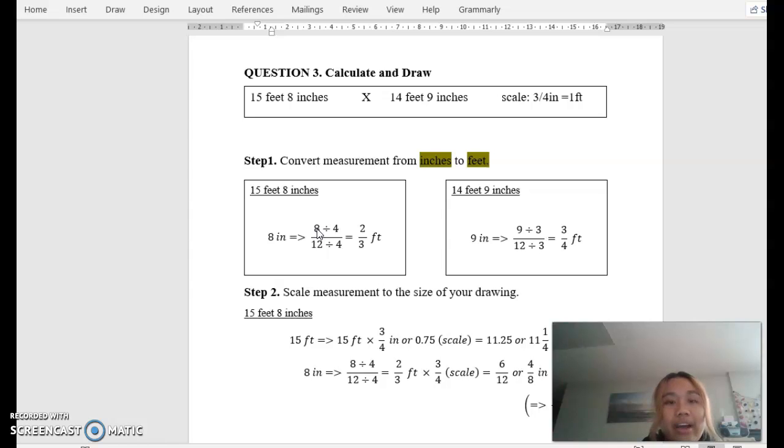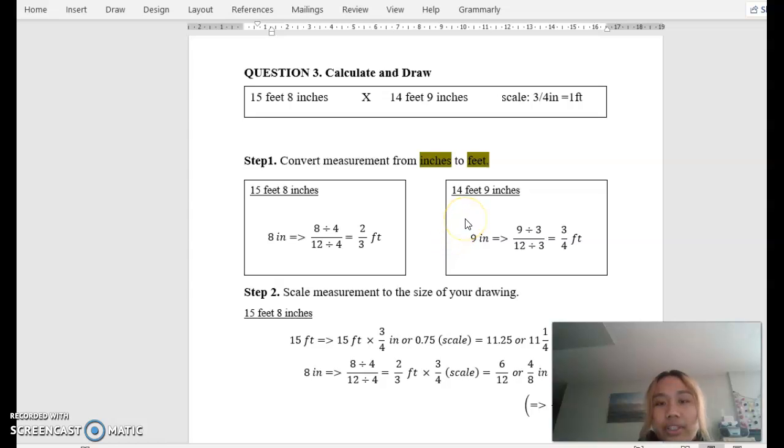Since 8 over 12 can be reduced to lowest terms, let's divide by 4. Whatever you do to the bottom, you do to the top. 8 divided by 4 gives us 2, and 12 divided by 4 gives us 3. Now we have 2/3 feet for the first conversion.